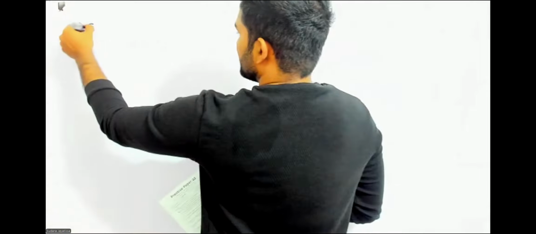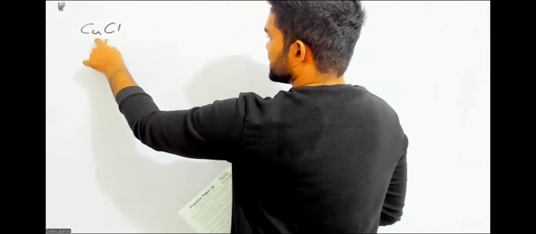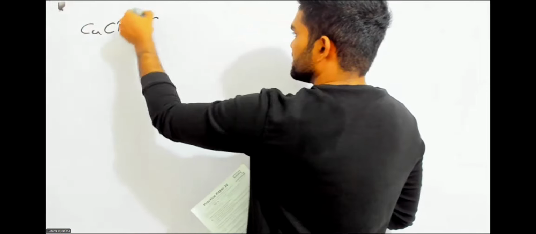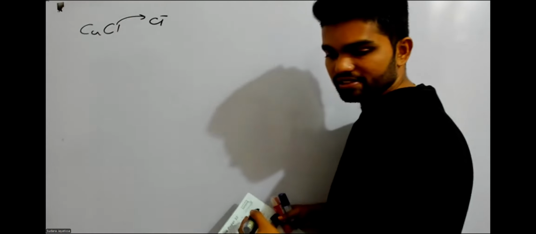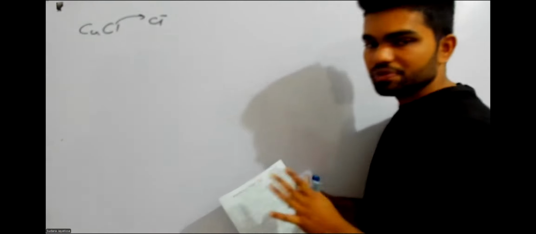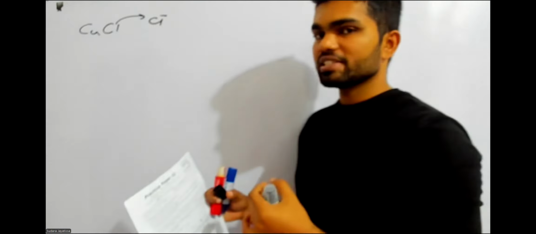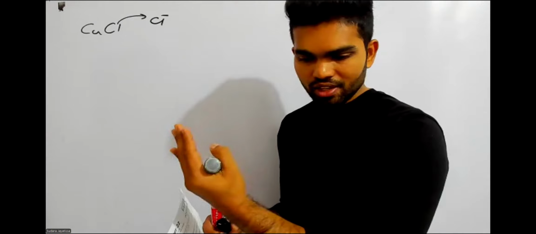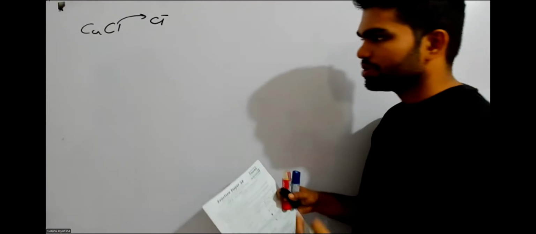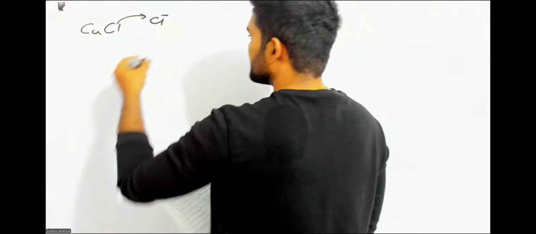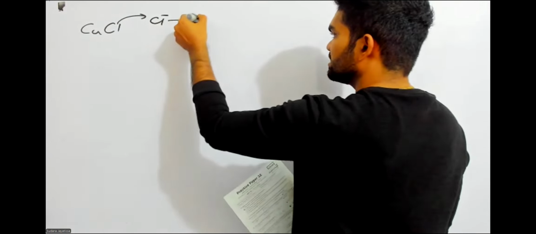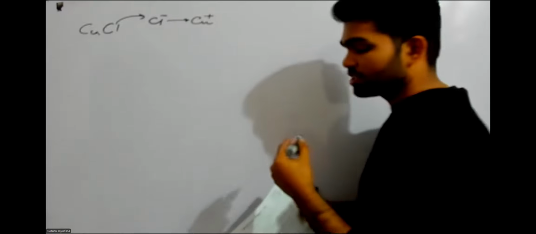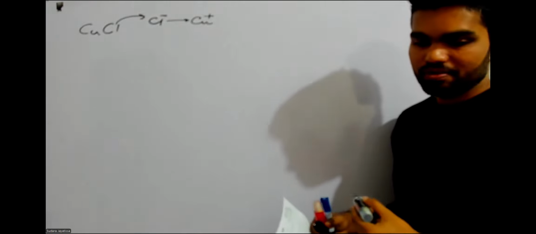In CuCl, don't mind the copper yet, but think about Cl. It is always Cl minus. There are no other possibilities for the Cl, because it must take one electron to have noble gas configuration. And if this is Cl minus, then Cu must be Cu plus. Understood?